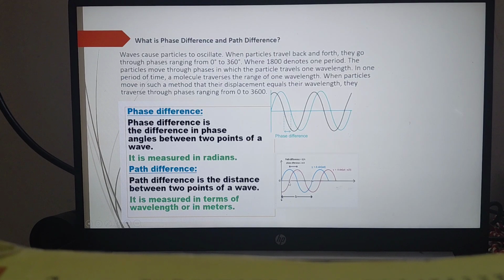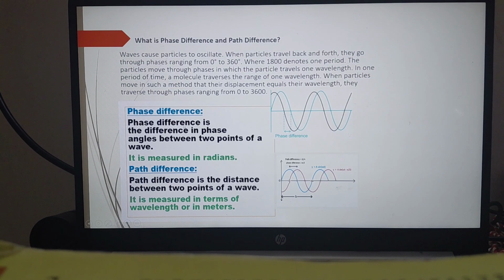So we can see here it is pi by 2, then pi, 2 pi, then 3 pi, 4 pi, and so on, going up to n. So phase difference and path difference are the most important for wave motions.